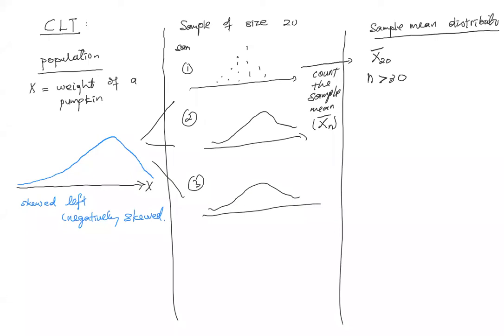It says many texts suggest a rule of thumb: if n is greater than 30, this indicates n is large enough. So we go by this rule of thumb. That means your sample size must be more than 30.